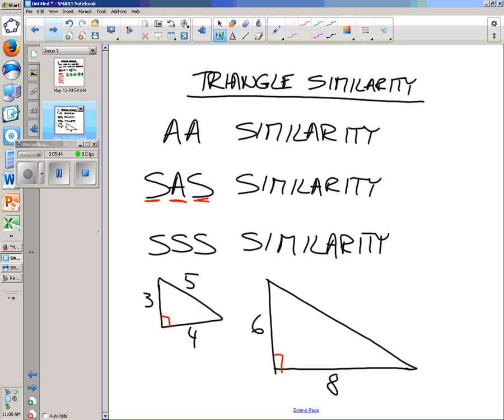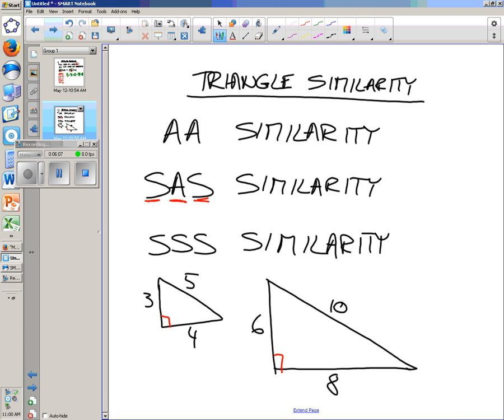Those ratios are going to be the same. 3 is to 6 simplifies to 1/2. That's the same as 4 is to 8, again 1/2. 5 is to 10, also 1/2. These are our three ways of proving that two triangles are similar. And those are the only ones that we have.